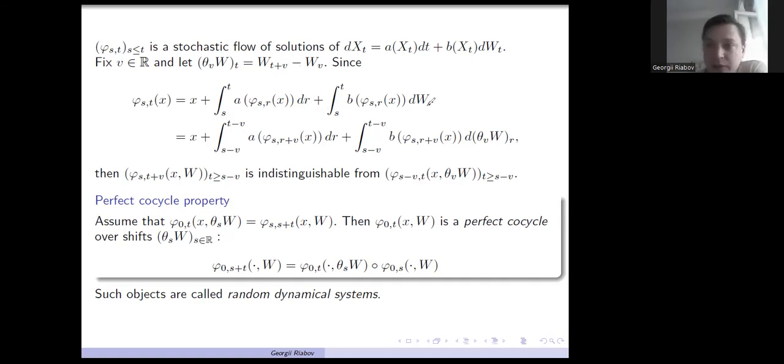And we did a simple transformation of the equation for phi, just shifting bounds of integrals.